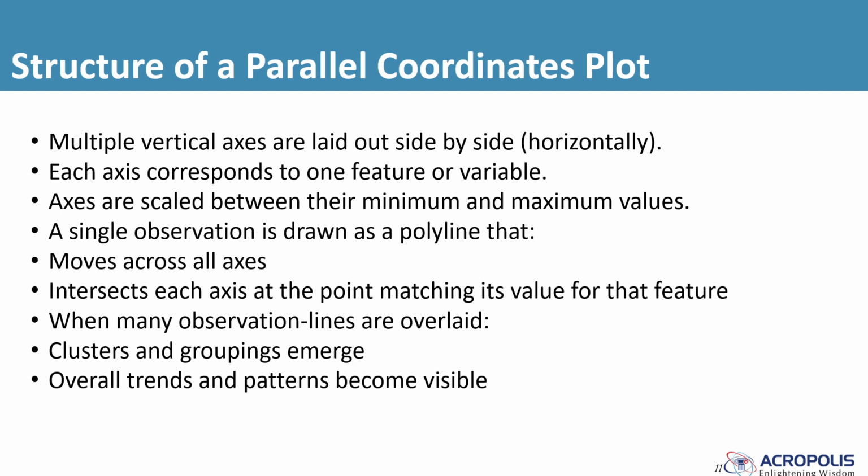Structure of a parallel coordinates plot. Multiple vertical axes are laid out horizontally. Each axis corresponds to one feature or variable. Actually, how it works: it creates one vertical axis for each variable, scales or normalizes the data, and draws a line for each data point.